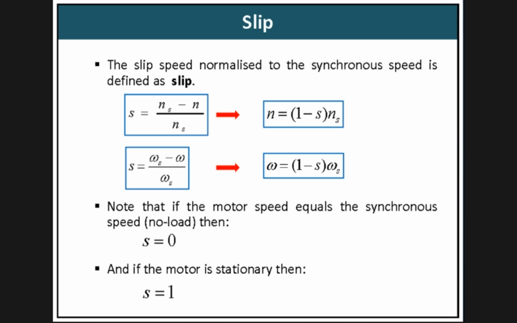If the motor speed equals the synchronous speed, if they are the same, then s will be 0. And if the motor is stationary, that means n equals 0, then s will be 1. So for a rotating induction machine, s will lie between 0 and 1.